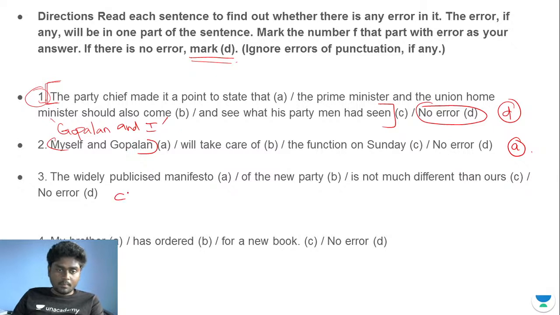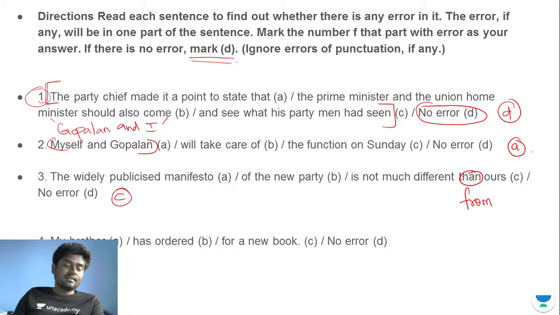The error is with option C. Can you pinpoint where the real flaw is within part C? See, the widely publicized manifesto of the new party is not much different. It should not be than, it should be from. Did you get this?